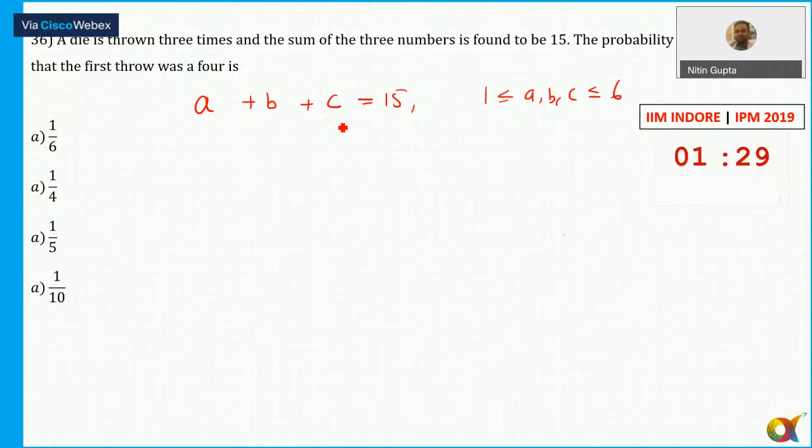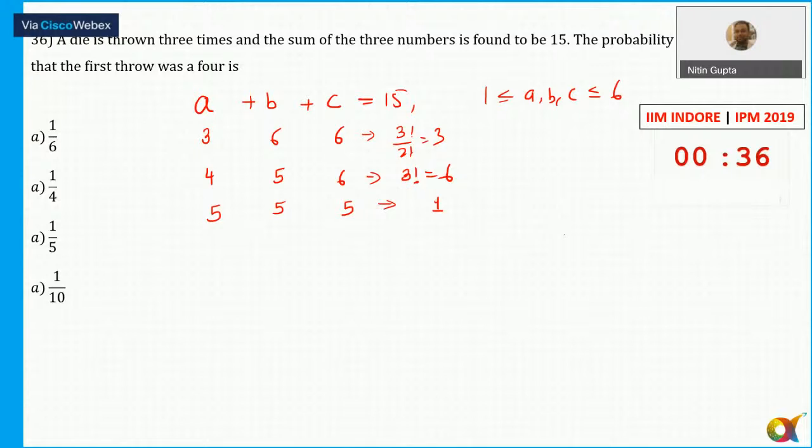If I say the maximum it can be, plus 12, so 6... so one case here.